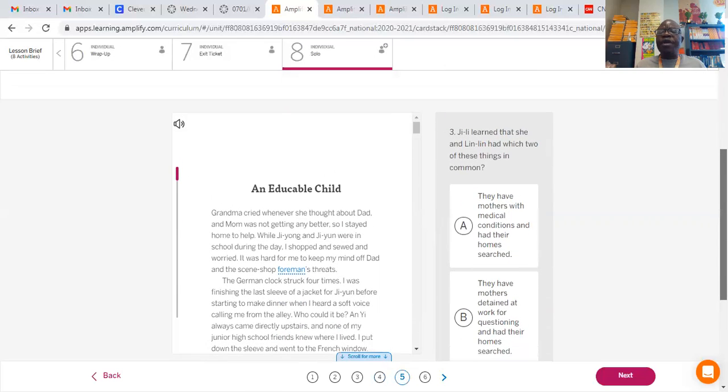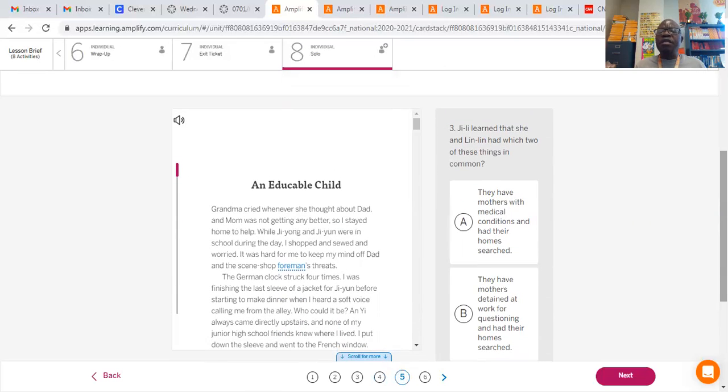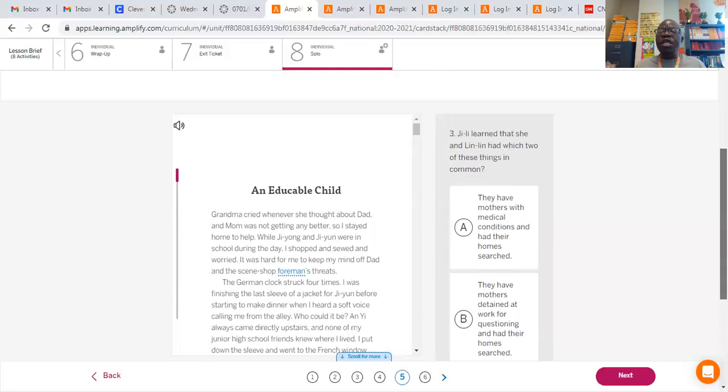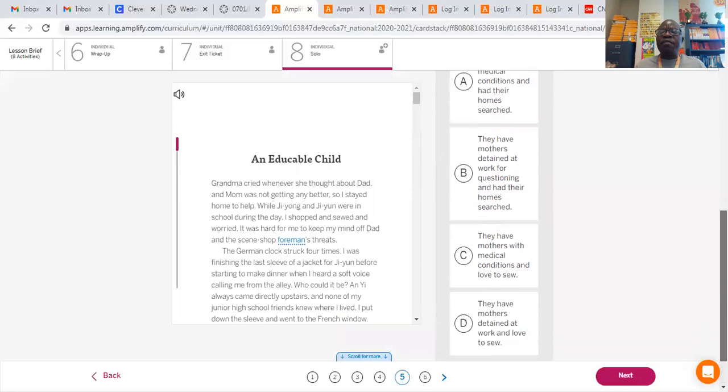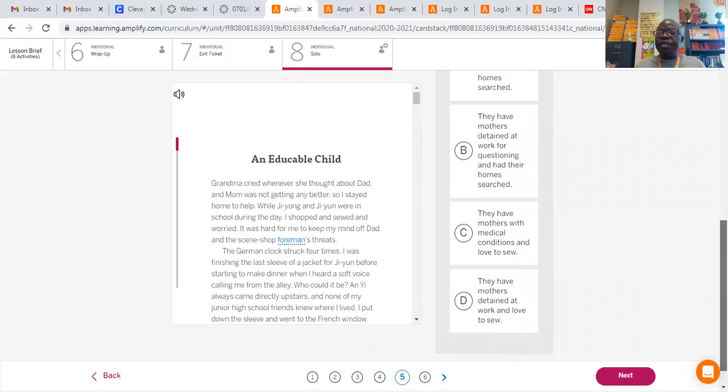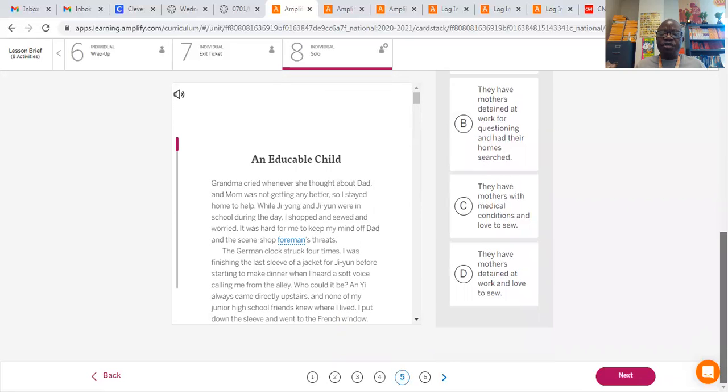Question number 3. Jilly learned that she and Lin had which two of these things in common? What did Jilly and Lin have in common? So read and then answer these questions.